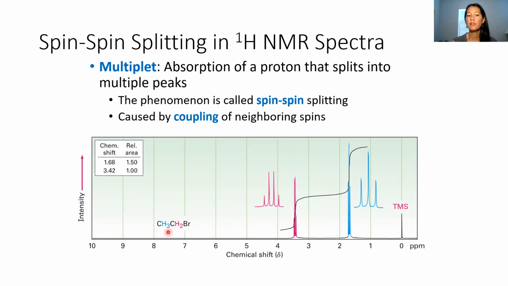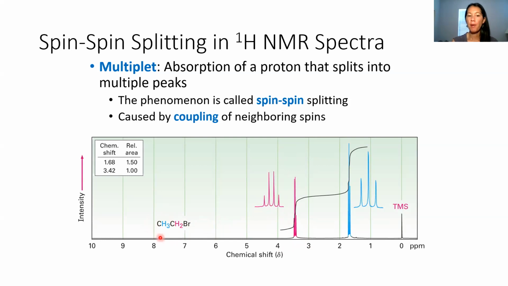The reason why is it's split by the neighboring 3 H's, and you see 4 peaks instead. You'll see a number of peaks that's 1 more than the number of neighboring H's. So if you have 3 neighbors, you'll see 3 plus 1 or 4 peaks. We call this a quartet.